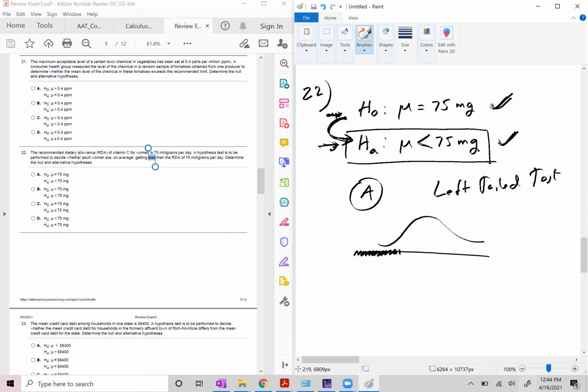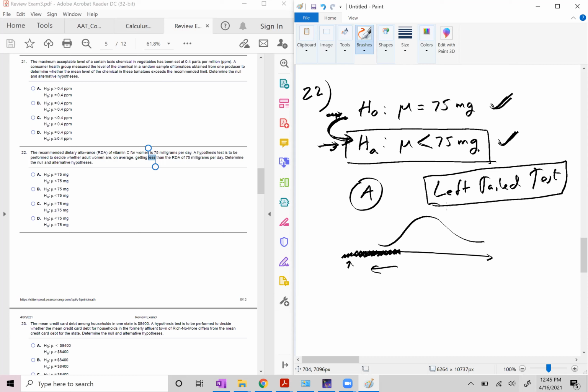So smaller sample statistics will tend to reject this null and go to the alternative. So the rejection region is towards the left-hand side, and that's why we call it a left tail test. Question number 22 is done.